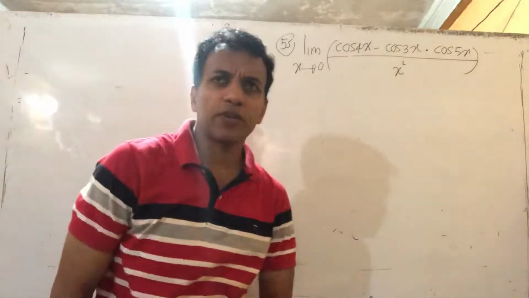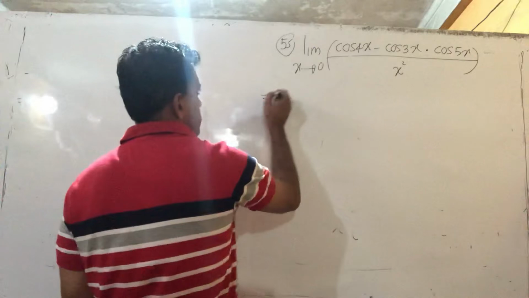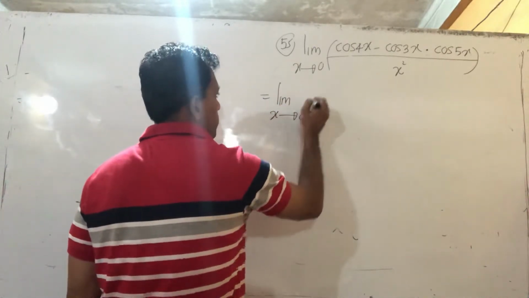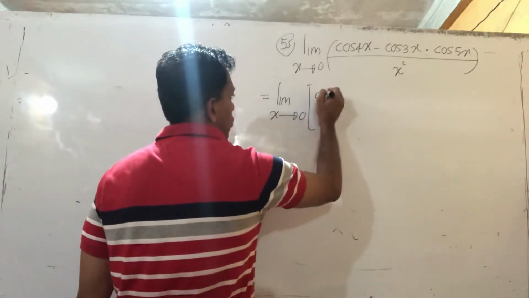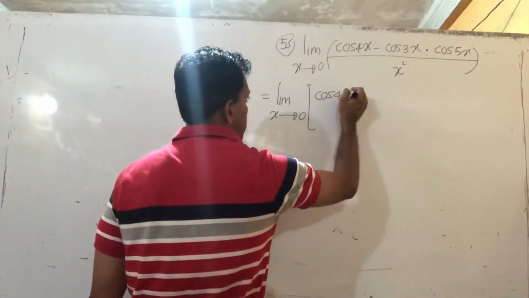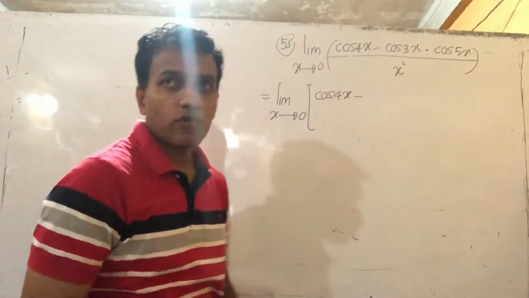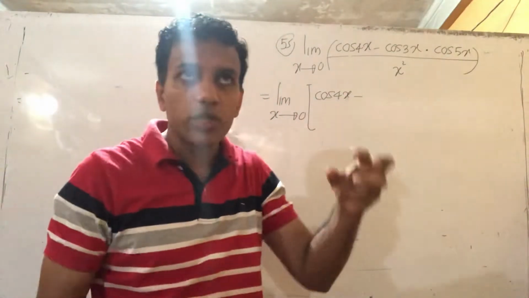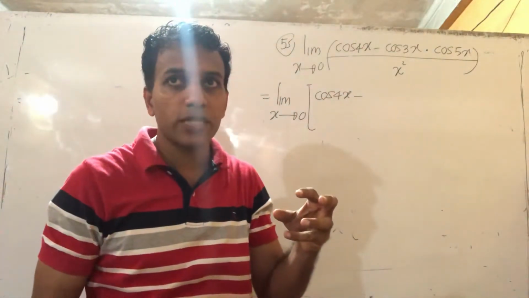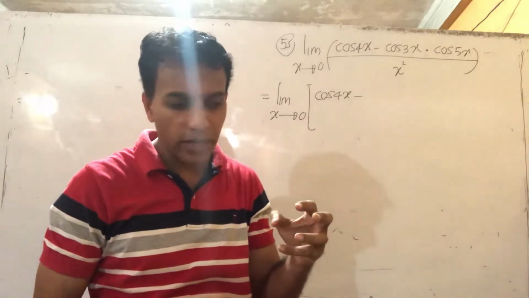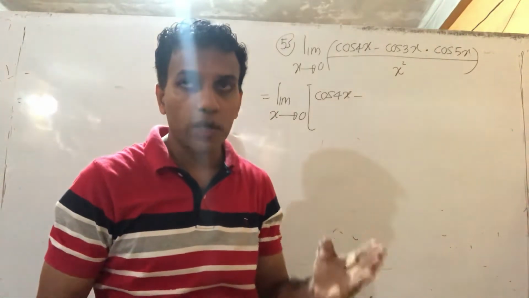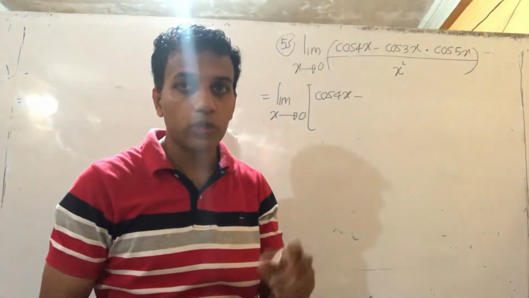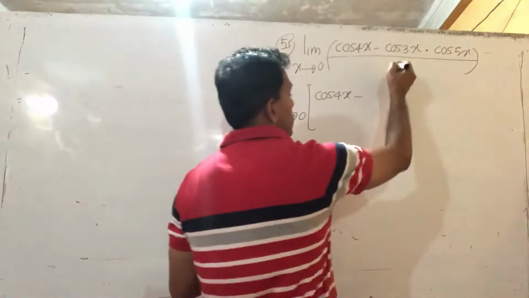In a trigonometric problem you have to apply the identities. So here, limit as x approaches 0 of cos 4x minus... If you know the trigonometric identities, cos c plus cos d is 2 cos of half the sum, times cos of half the difference. So can I write it in this form?